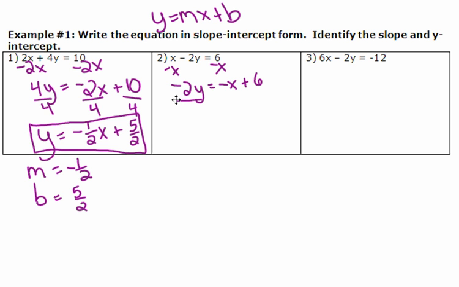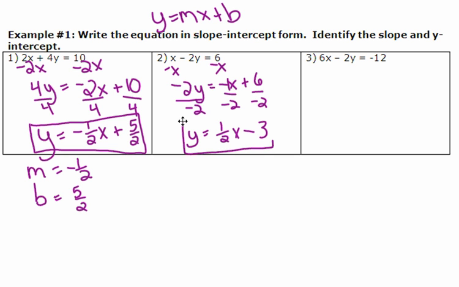I divide by negative 2 to all my terms, and I have y equals, this is like a negative 1 here, so negative 1 divided by negative 2 would be positive 1/2 x. 6 divided by negative 2 is negative 3, so this is minus 3.